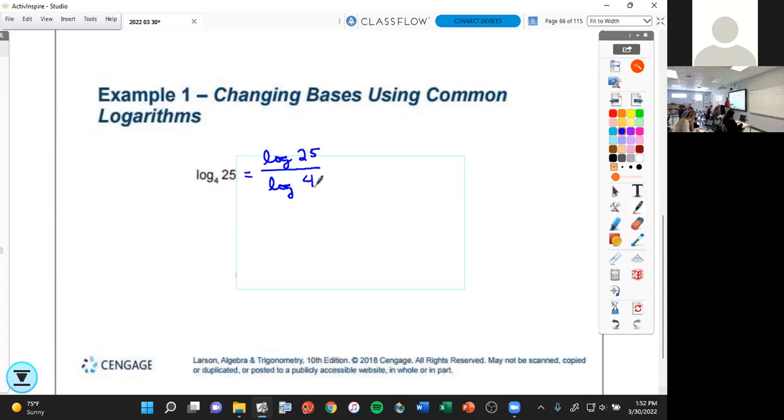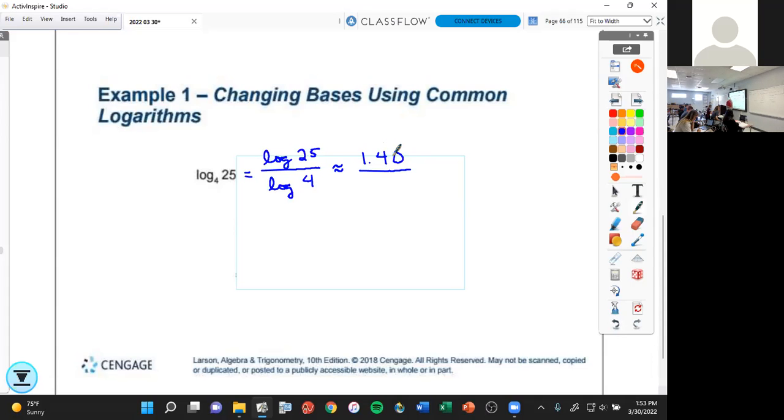Now, using your calculator, if you press the log button, that's log base 10, right? Approximately, what is log 25? 1.39 or 1.4.